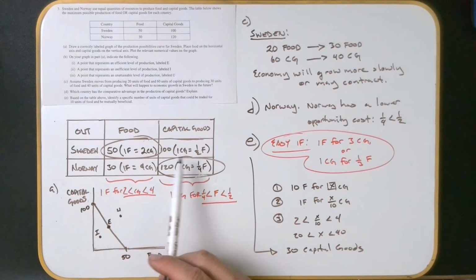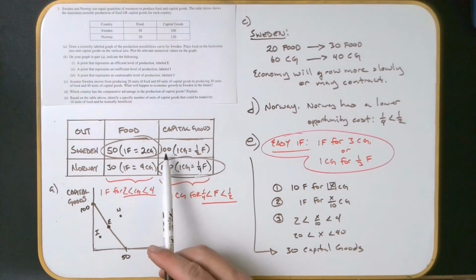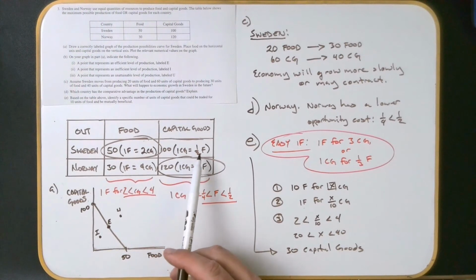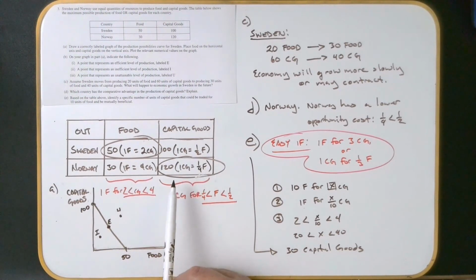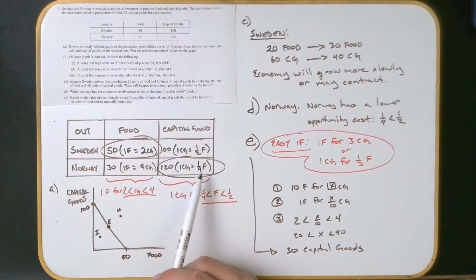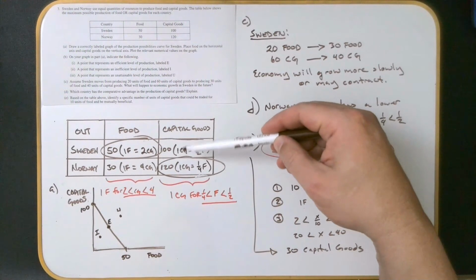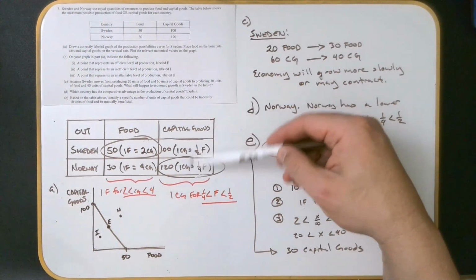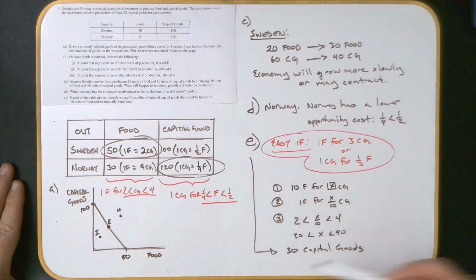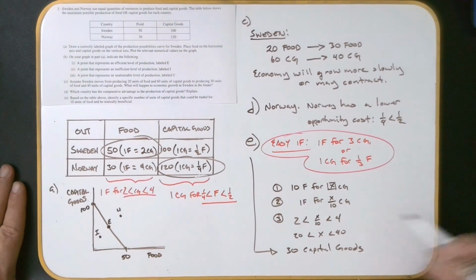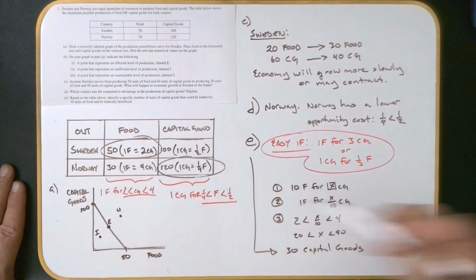Multiply both sides by 20, and you get 20 capital goods for 10 food. And then over here, you multiply both sides by 40, you get 40 capital goods for 10 food, and you pick a number that fits between there again, and you would get between 20 and 40. You get it that way too. But I figure this way makes kind of the most sense. If they do that to you, just divide it and still see where it fits.